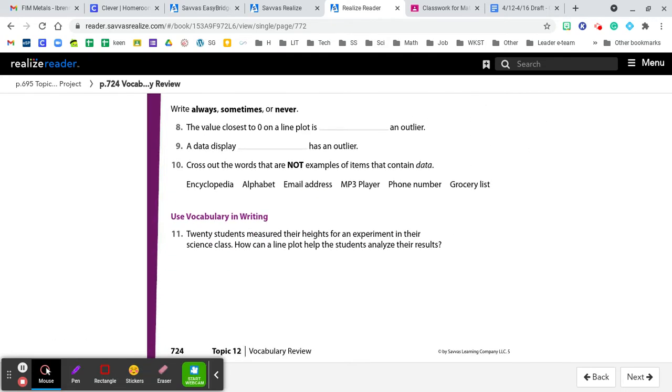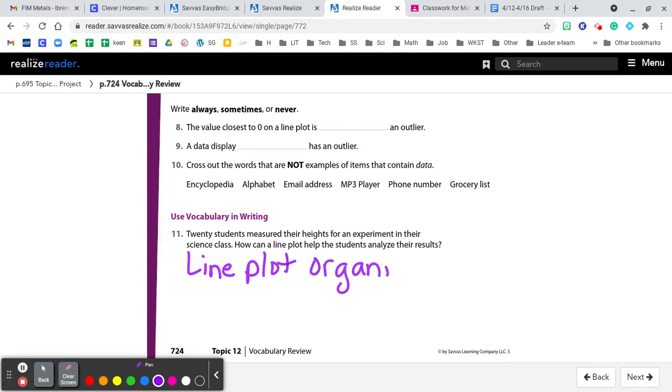And then 20 students measured their height for an experiment in their science class. How can a line plot help analyze the results? You'll be able to compare. The line plot organizes data, so you can interpret it.